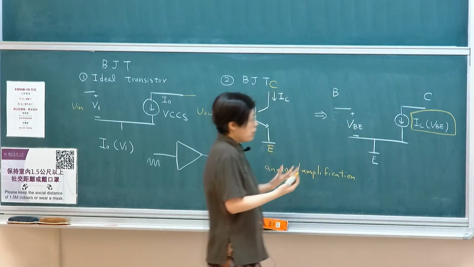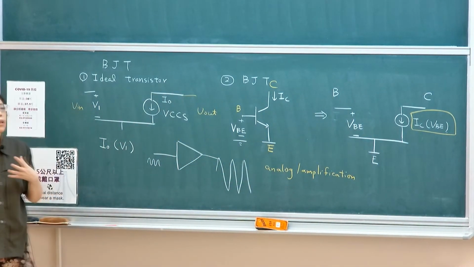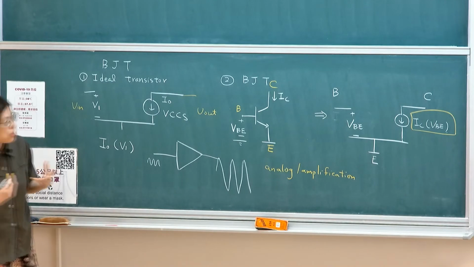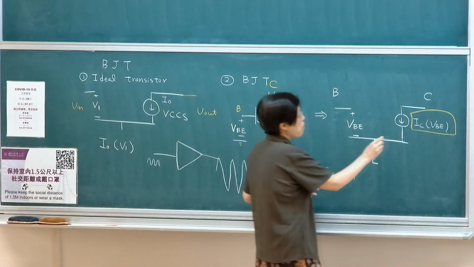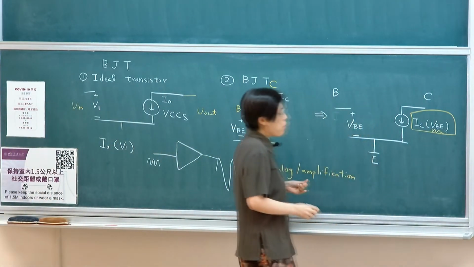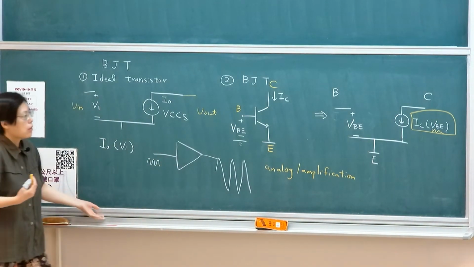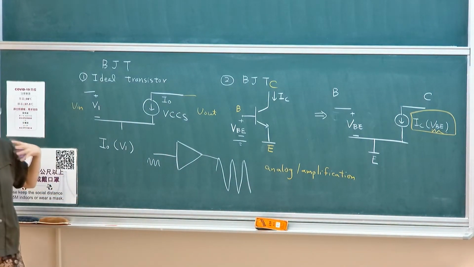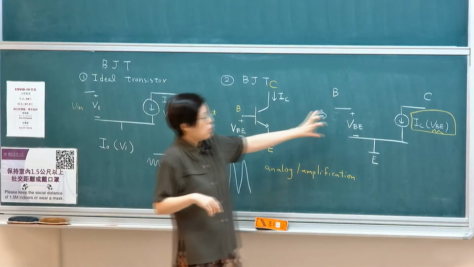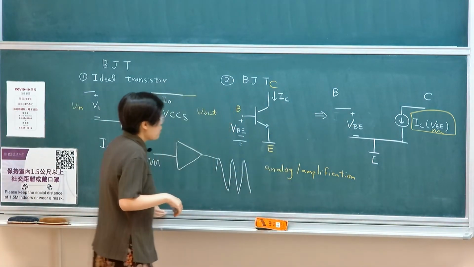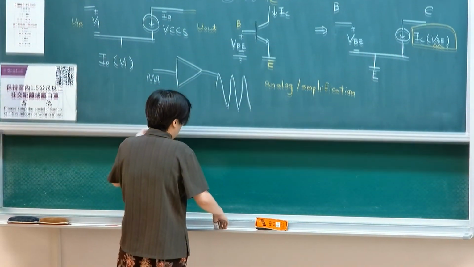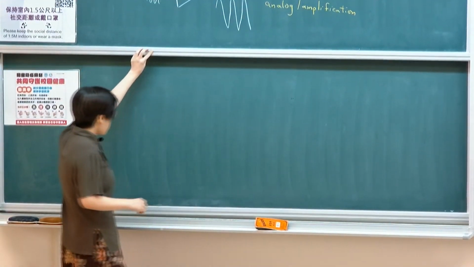You want to see what the physics and derivation of IC as a function of VBE is, and what the key parameter is in delivering the current response to your input voltage, which is VBE. Okay, so this is what we're going to do today.